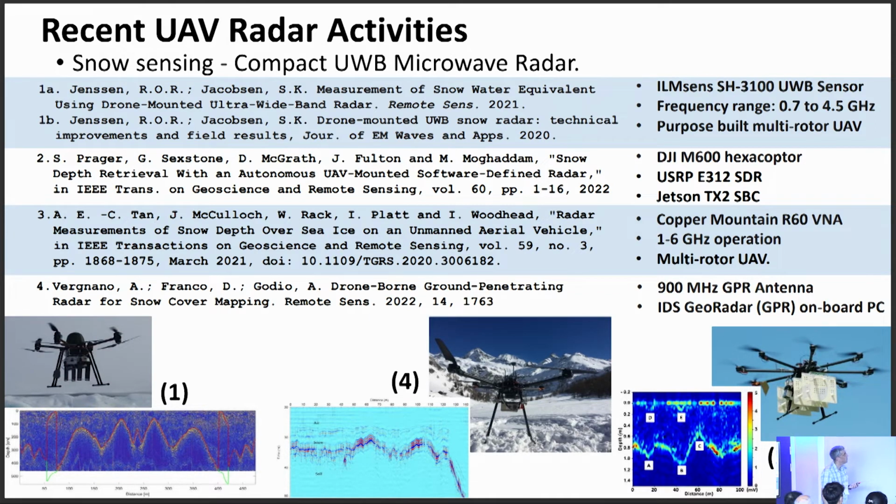Prager et al. used the DJI hexcopter, along with a software-defined radio and a companion computer. Tan et al. used, over on the right there, an octocopter with a 1 to 6 gigahertz VNA, vector network analyzer, to collect some measurements.